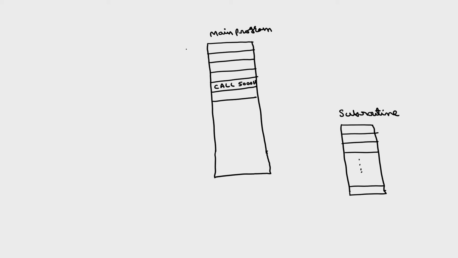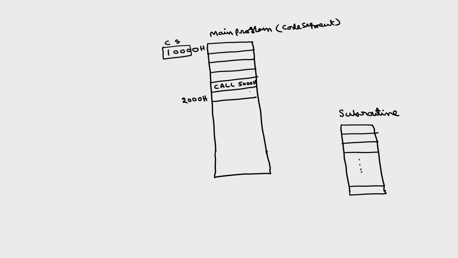So, the main program will be in the code segment. If the code segment register contains the starting 16 bits of this address, something like 1000 H, this will contain the code segment, and if this address is some 2000 H. So, what will be the physical address of this one?